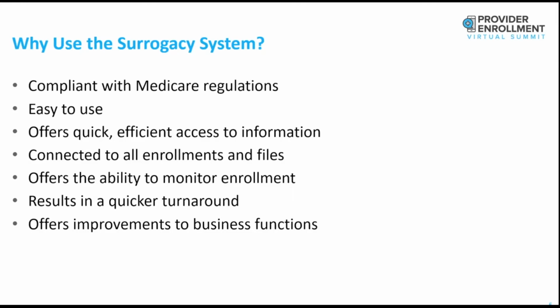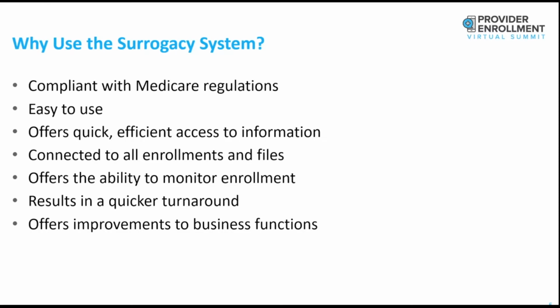It results in a quicker turnaround time. So for instance, for paper applications, regulations state that Medicare and the MACs, the Medicare Administrative Contractors, have to complete those applications within 180 days. And those are your normal low-profile providers, those that are not medium or high-risk calculated providers or suppliers. So for the most part, that's 180 days.